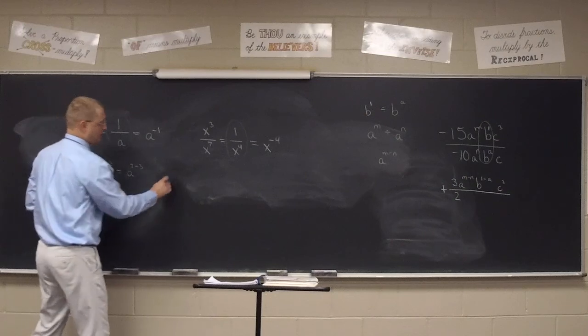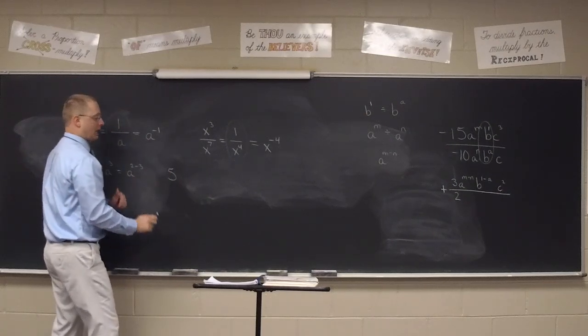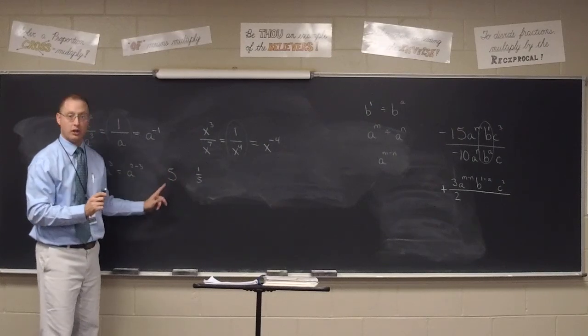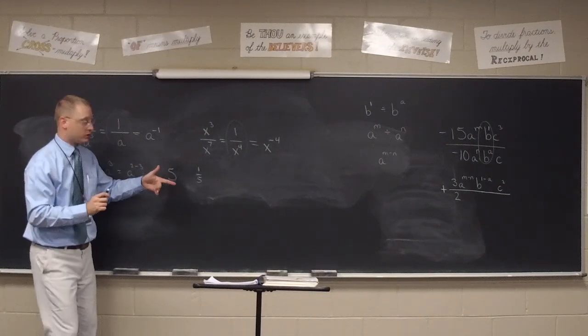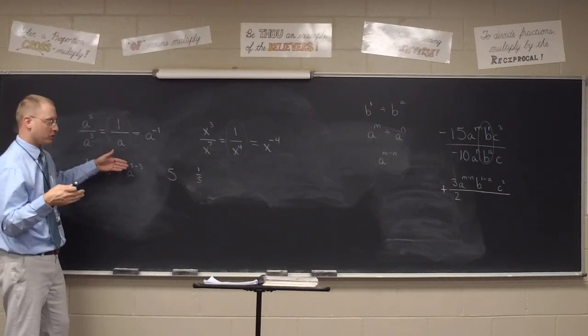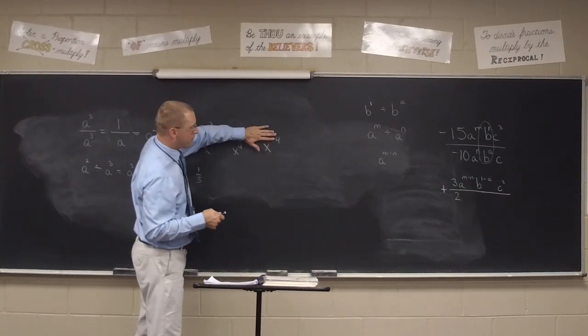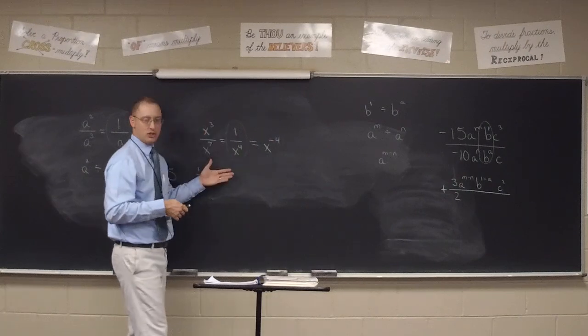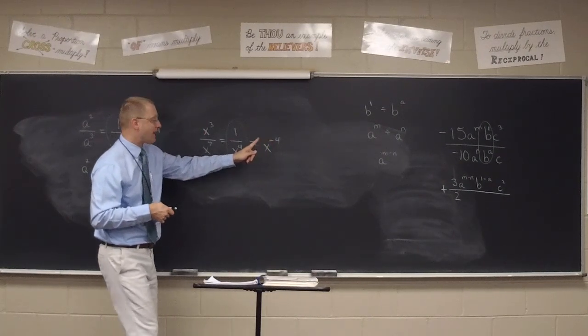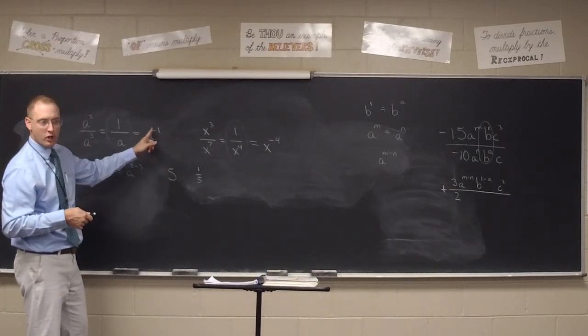Well, if I said 5, and I said 1 over 5, how are these related? They are reciprocals. a and 1 over a are reciprocals. x to the 4th and 1 over x to the 4th are reciprocals. This negative exponent then means reciprocal.